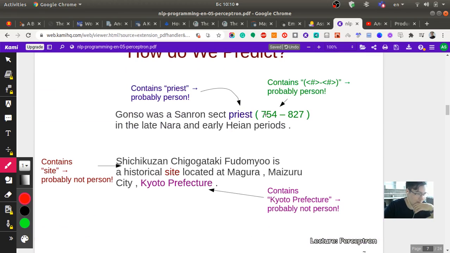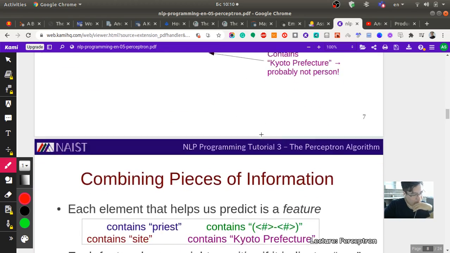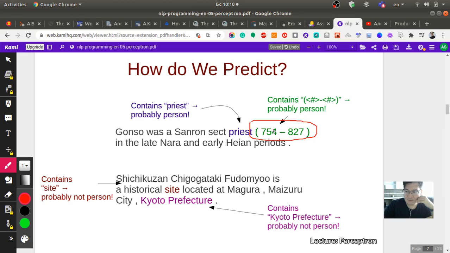For example, priest is most probably about a person, and Kyoto Prefecture is not a person. Site is also not about a person, and this one is mostly about people because cities mostly do not have these periods of time.